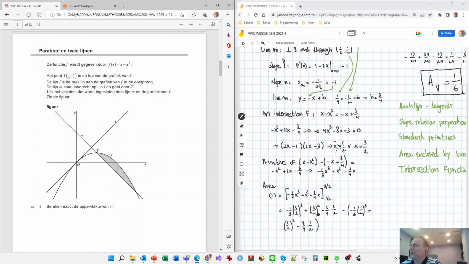You just need to be careful with the algebra here. It's very easy to make mistakes with minus signs, etc., and that is really a pity if that happens. And you get all these fractions to power.